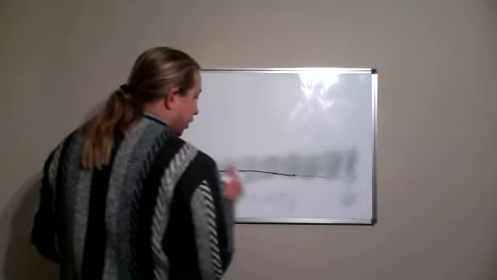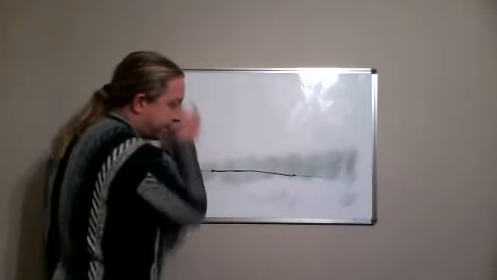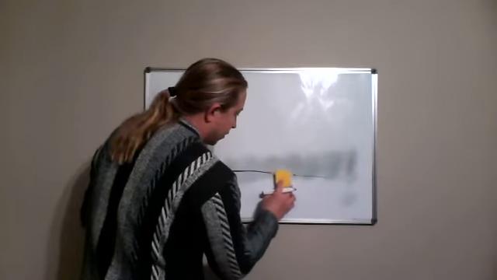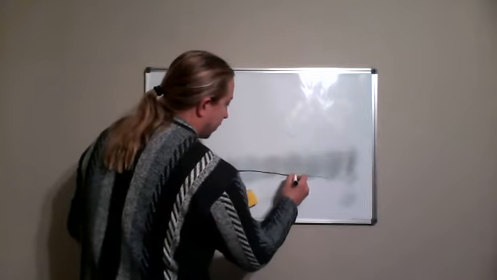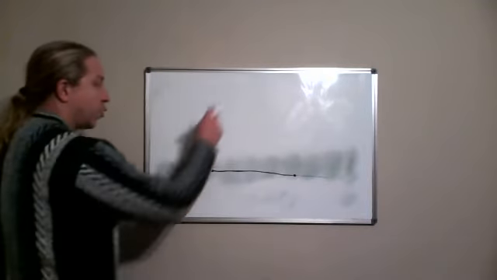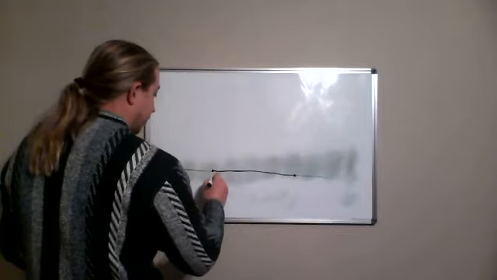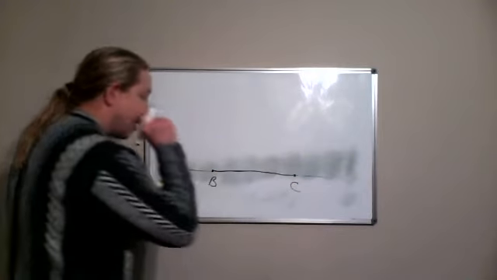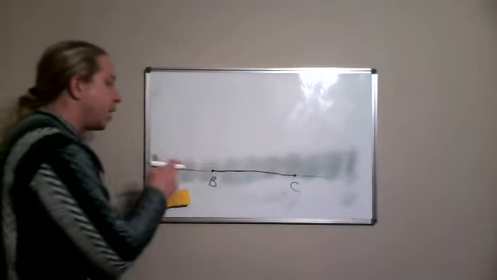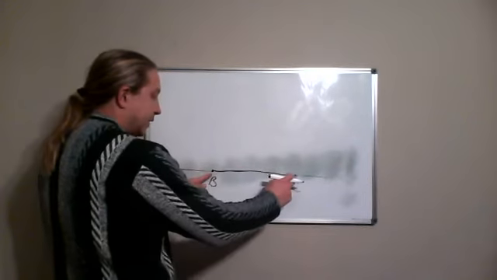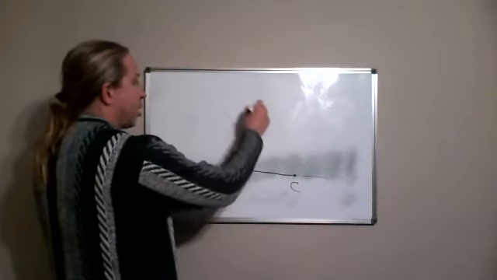So I start by drawing a construction line, and then a dark line. They want A, B, C. So this is B, that's C. How do we find a 60-degree angle? Remember, we set our compass at this distance and make a mark.